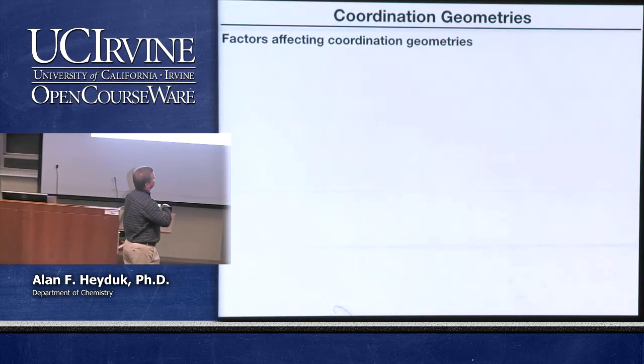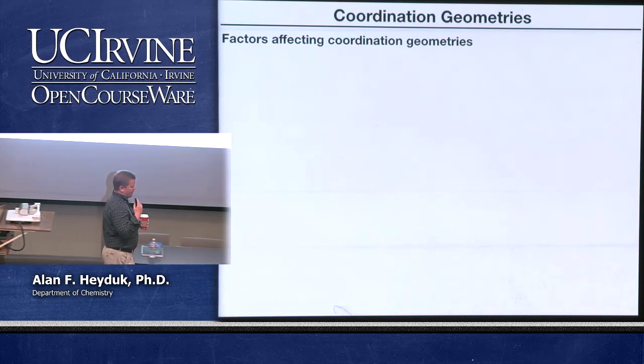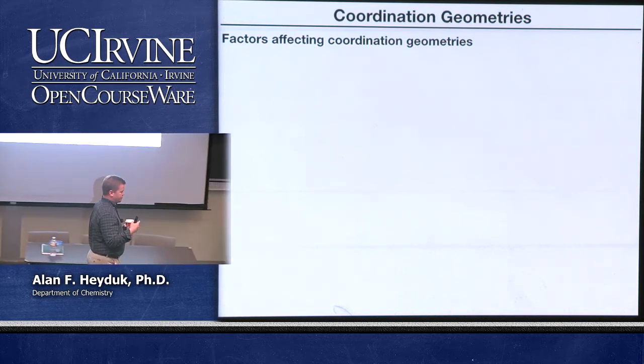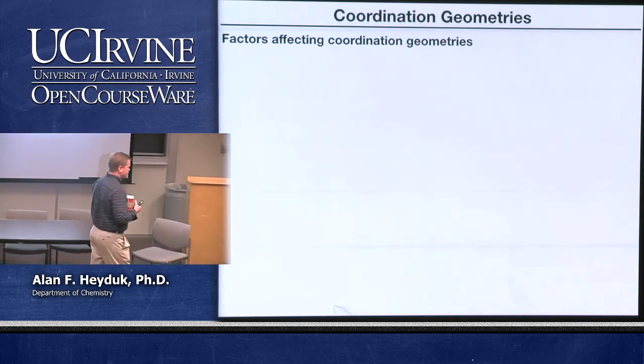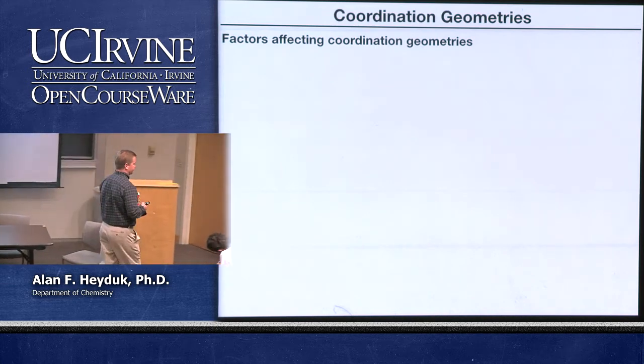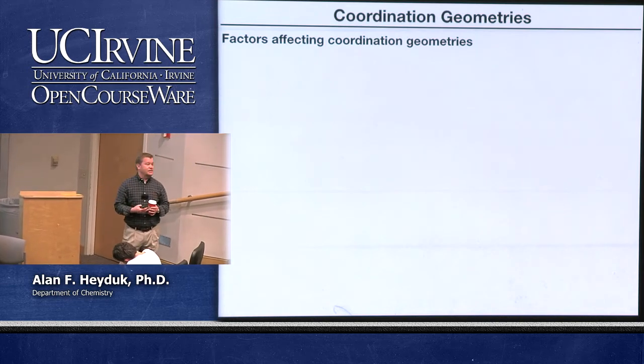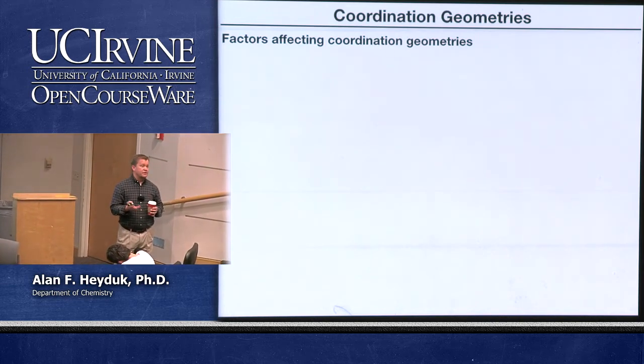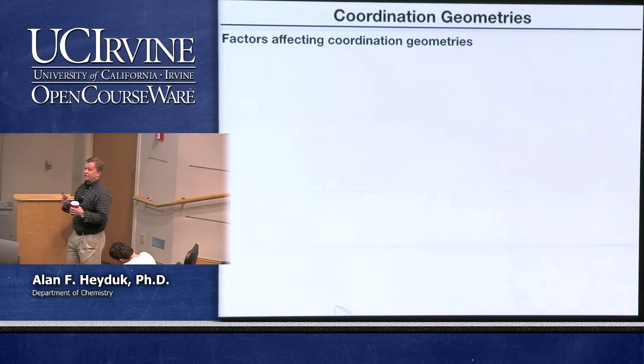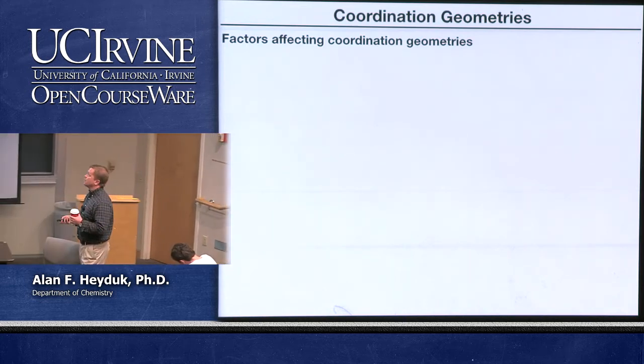We'll end with this slide. On Monday, we're going to go through quickly the common coordination geometries for coordination complexes. Again, a lot of this will be a review from freshman chemistry, where you were mostly taught it within the context of VSEPR.